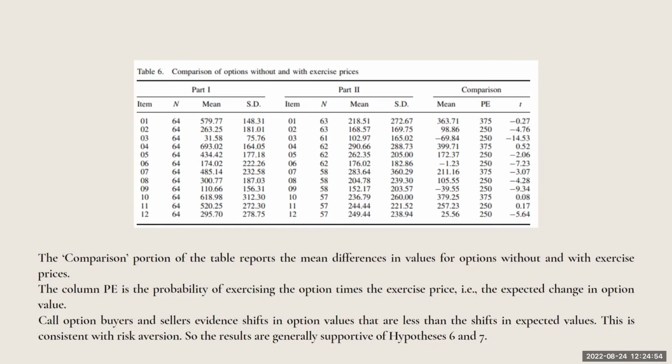Call option buyers and sellers evidence shifts in option values that are less than the shifts in expected values. This is consistent with risk aversion, so the results are generally supportive of hypothesis 6 and 7.